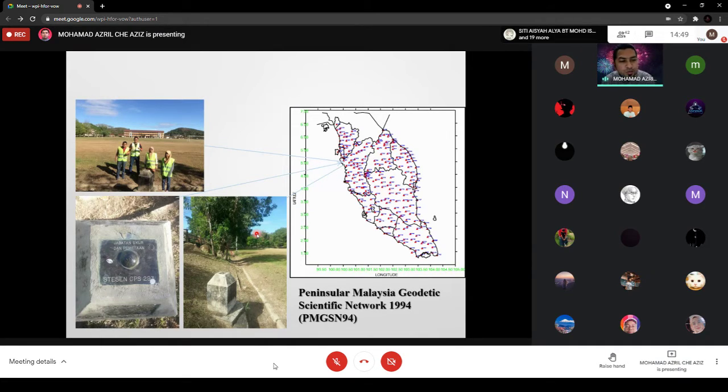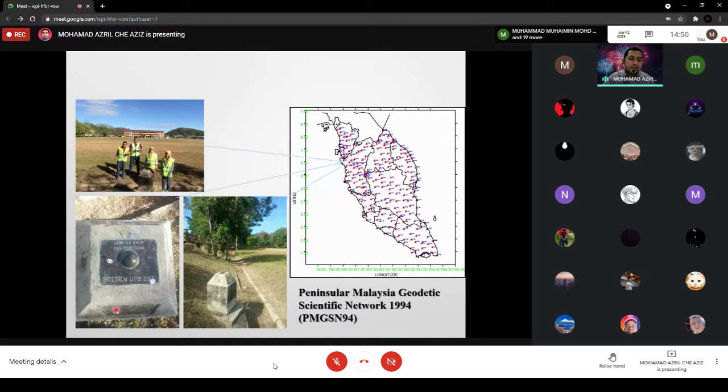Have you been introduced to leveling? Not yet, sir. If you have not learned it yet, when you learn engineering chapter 2 leveling, or you walk around UiTM or outside, maybe you will see a monument like this.